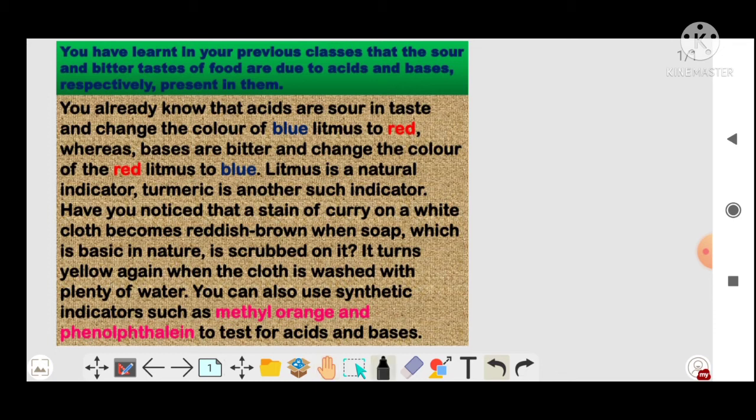In brief, acids change the color of blue litmus to red. Bases change the color of red litmus to blue. These are natural indicators. Litmus paper is a natural indicator. Synthetic indicators are methyl orange and phenolphthalein.